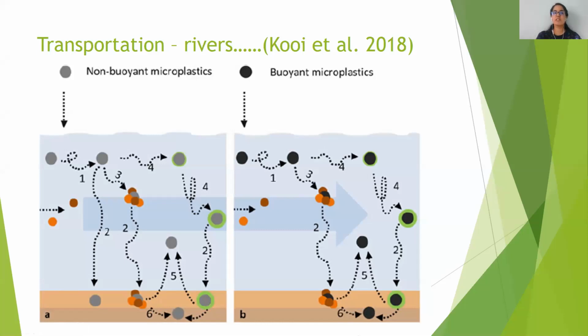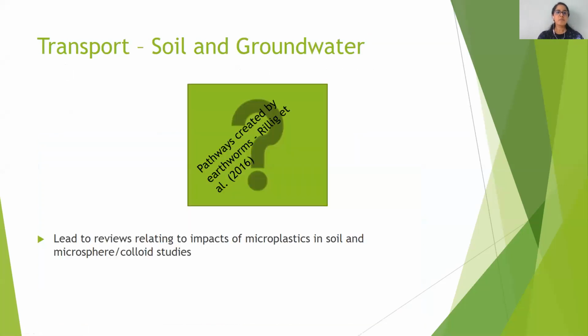But also noting that these are flowing rivers, and you've got rivers that dry up in some seasons. As the level lowers in your river, you're going to have settling of those microplastic particles into the beds of the rivers. Okay, so now we look at transport in groundwater.